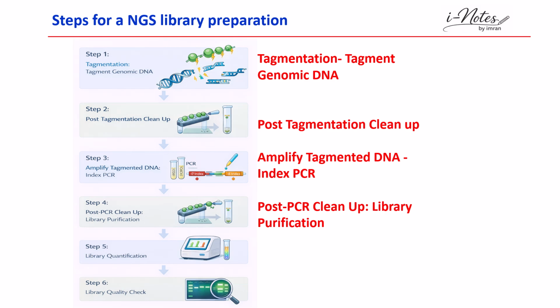That is library purification, and followed by library purification you can say you have prepared the library. Now what is important once you have the library ready is the quantification of the library, and also you have to do the quality check of the library. Now we will try to understand the basics of each step and what precautions we can take while performing these.